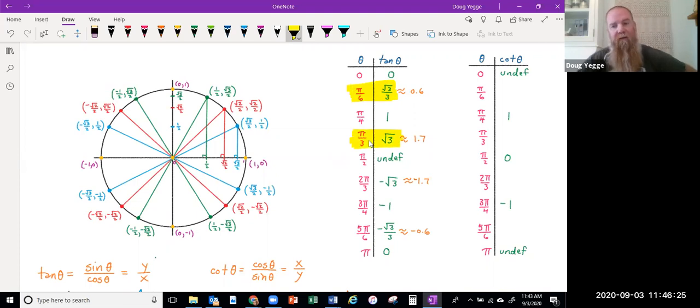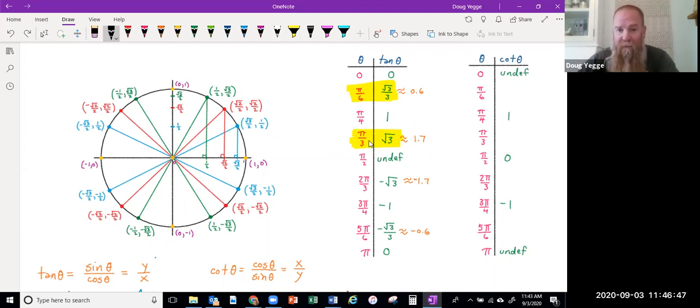Okay. Now this is a really corny way to remember, but it's always helped me to remember this. If I at least memorize that these two values show up, I want to make sure that they go with the right value. So how do I remember that pi over 6 goes with root 3 over 3 and pi over 3 goes with root 3?